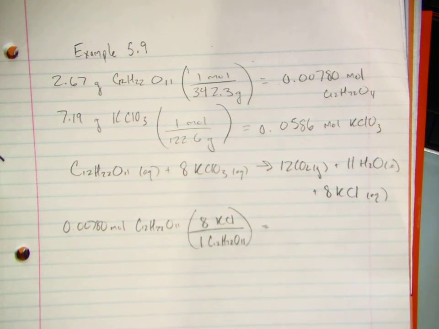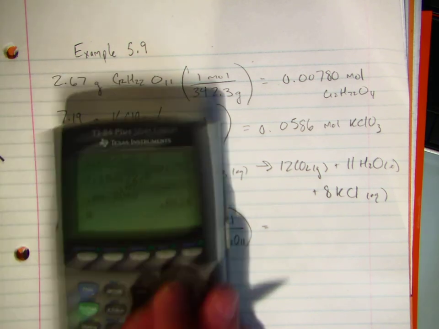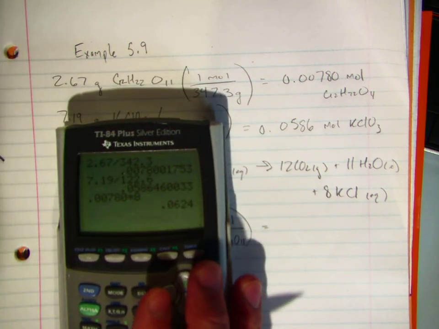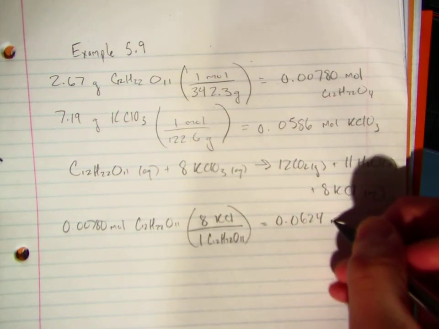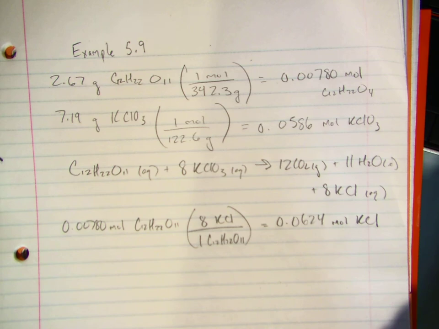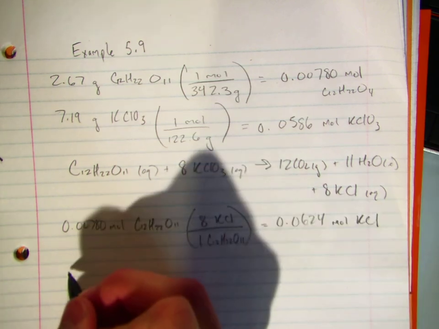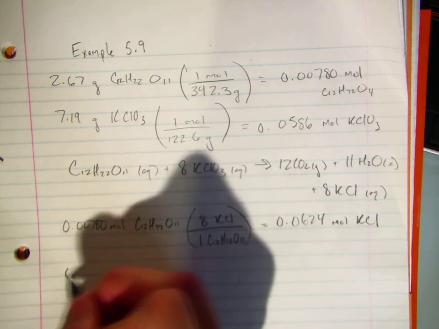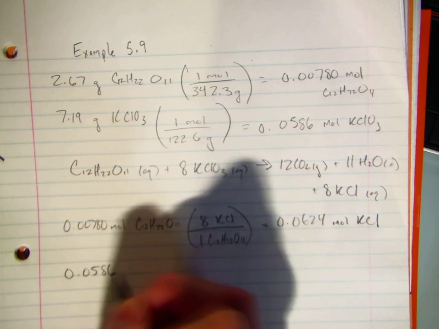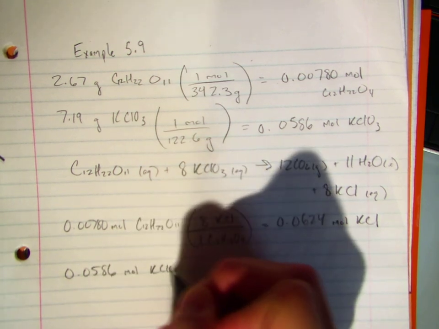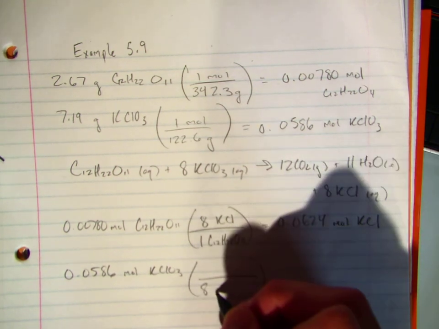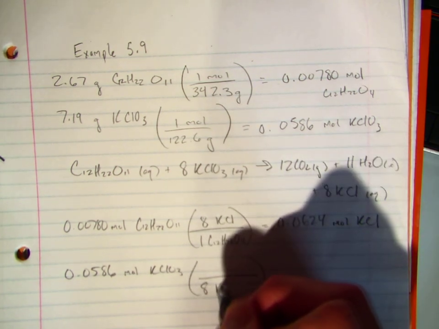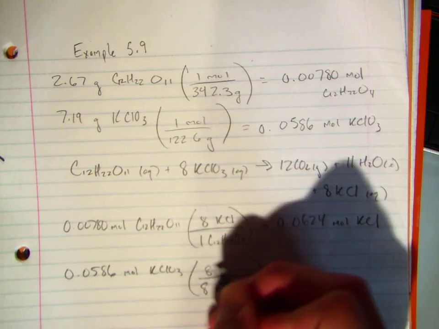So I take my 0.00780 times 8. That tells me that could make up to 0.0624 moles of KCl. I do the same thing for potassium chlorate. I had 0.0586 moles of potassium chlorate to start. And that's why I chose potassium chloride here, because those stoichiometric equivalents are the same, 8 to 8, which makes this math a little bit easier.